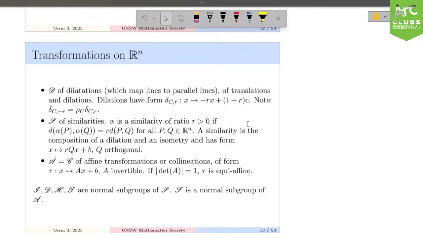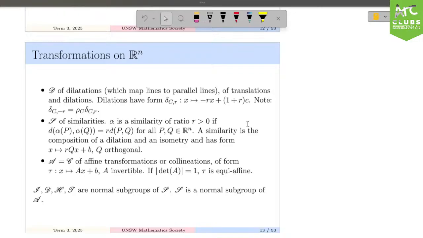Next is similarities. Similarities include isometries and dilations, and a lot of what we've been working on. Because it's a stretch, first of all, where basically we have a ratio r bigger than 0 and d of alpha of p, alpha of q is equal to r times d of p and q.